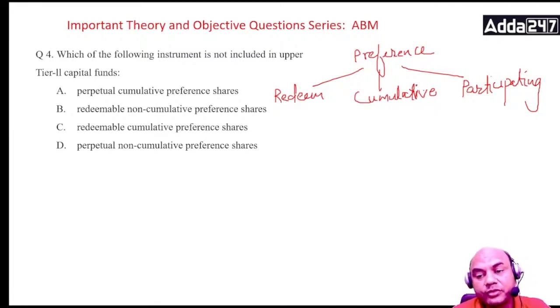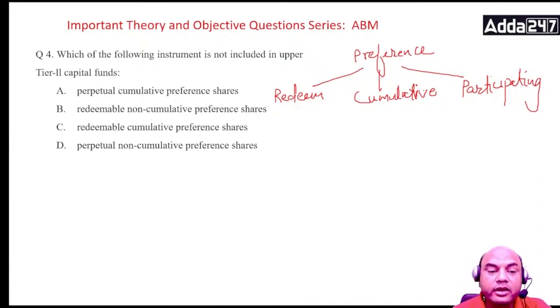That is cumulative. And participating means whenever some funds remain at the end after distributing to everyone, those preference shareholders with participating rights will have the right over whatever is remaining. So these were the three qualities of your preference shares in your JIB.